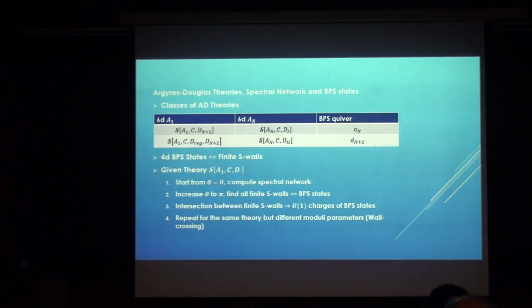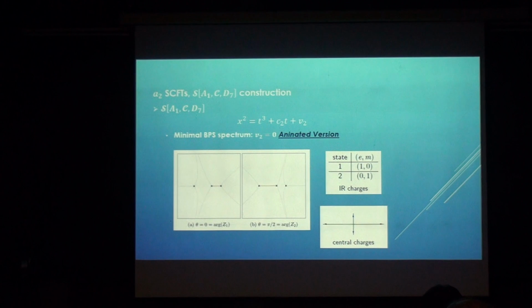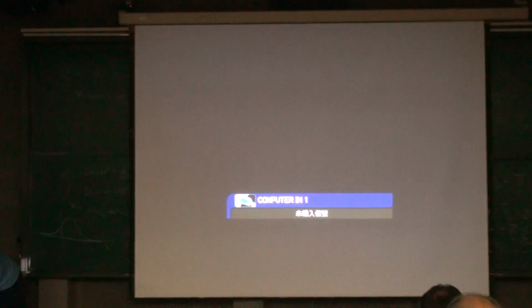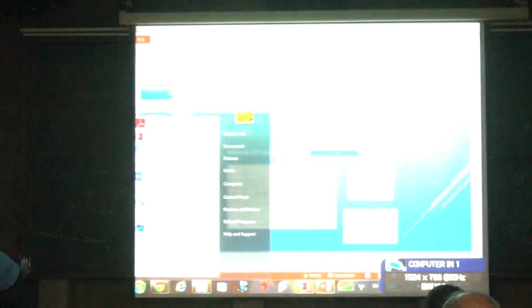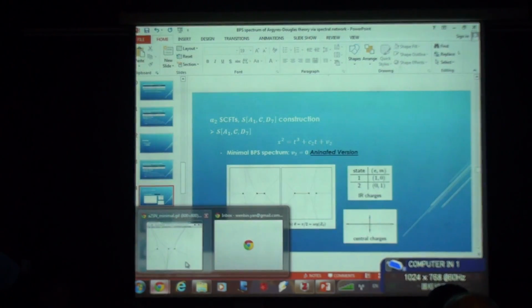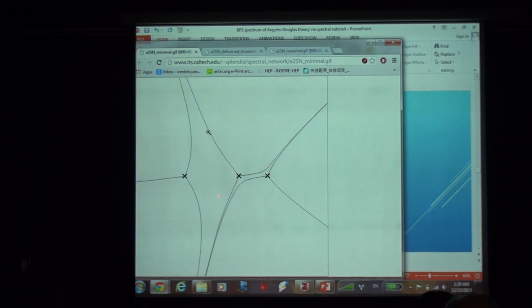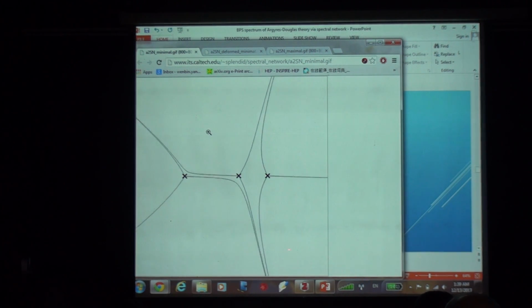So for example, this is the simplest example, which is A1 compactified on a D7 irregular puncture. So here is an example of one spectral network.